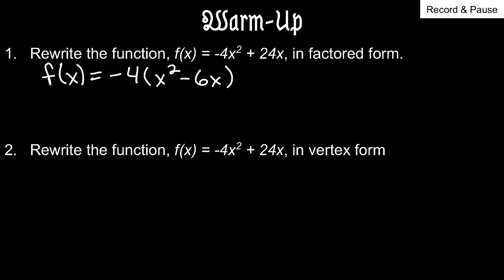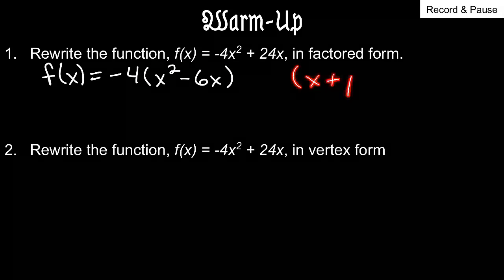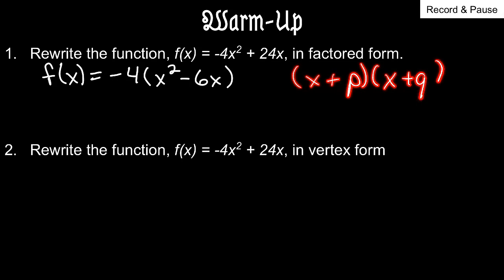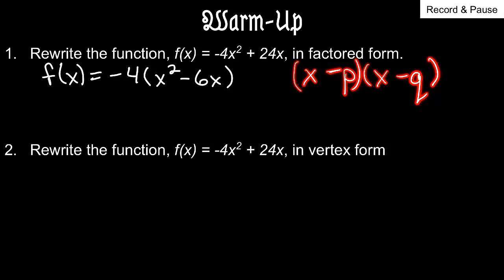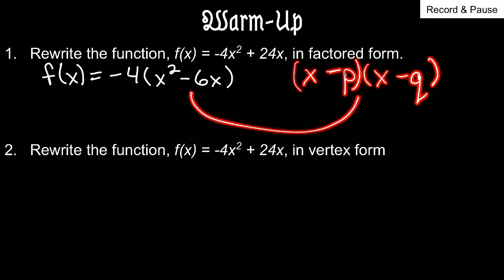And you might be feeling like, I don't know. I know that it's got to look something like this when I factor it, except that these should be subtract. So it should be x minus p, that quantity, times the quantity x minus q. And so, how do we make that look like that?